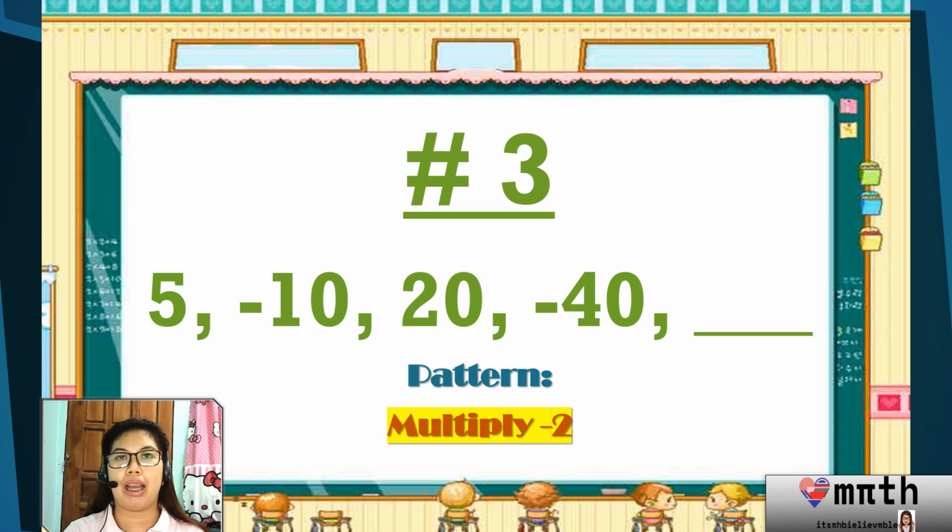Negative 10 multiplied by negative 2, that will be 20. 20 multiplied by negative 2, that will be negative 40. And negative 40 multiplied by negative 2, that will be positive 80. So our last number is 80. Again, did you get it? Good job.